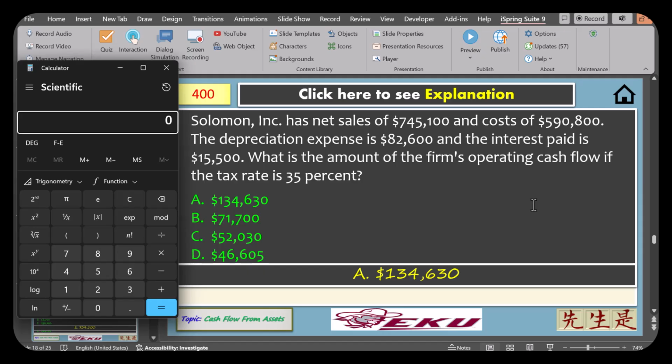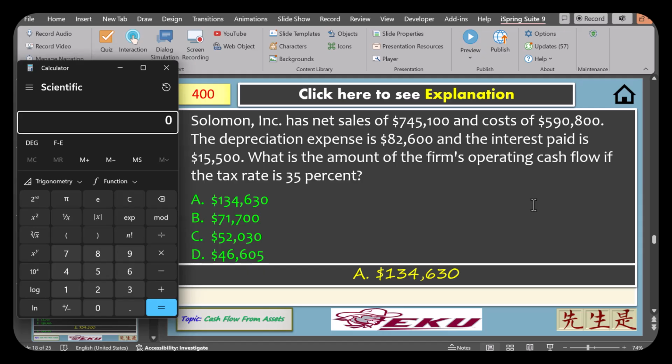Remember, the reason I calculate net income first, even though they are not operating expenses per se, both depreciation and interest expense reduce your taxes. So they are not irrelevant to your operations, or they're not irrelevant to your cash.